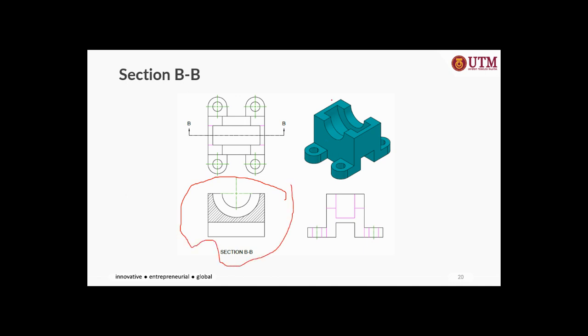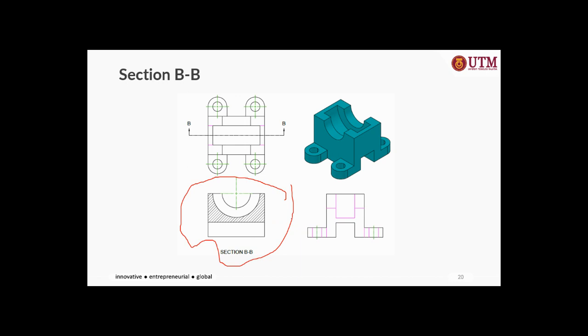I will see the equipment as such, where the knife only passed through the middle, but not this part, but it's still visible, and I don't see anything at the back. Whatever is hidden, I do not need to show in my drawing.